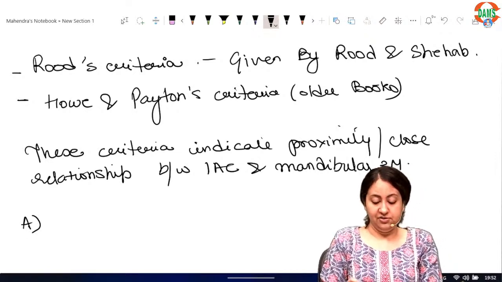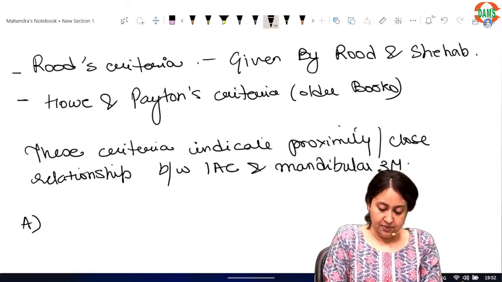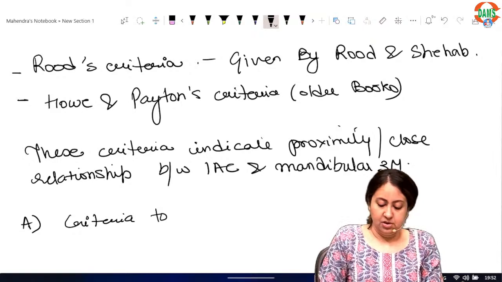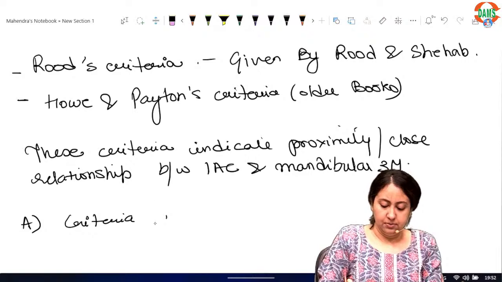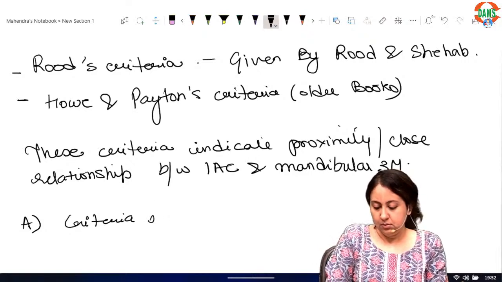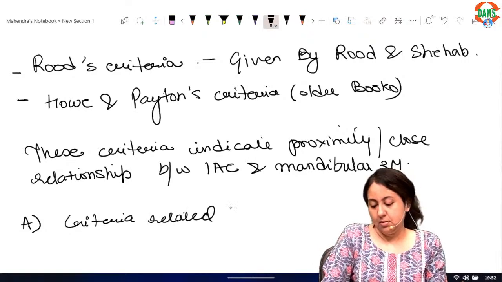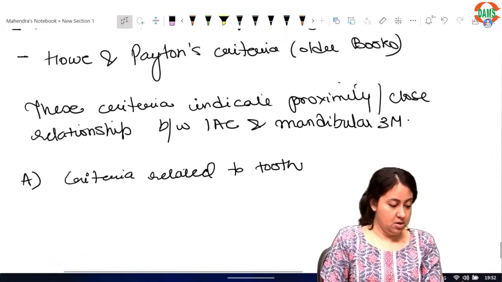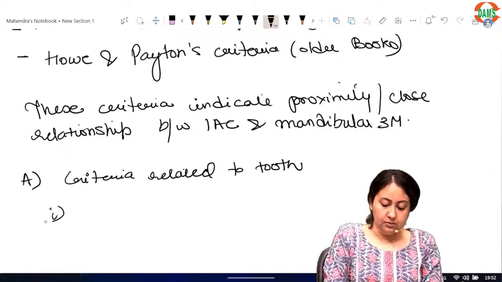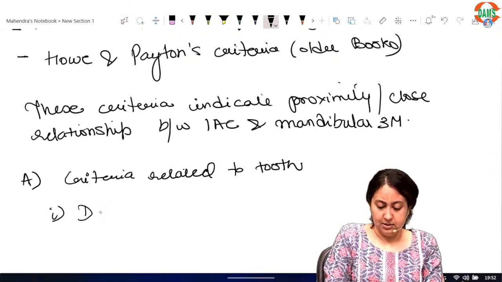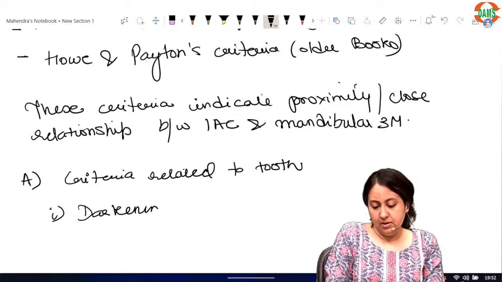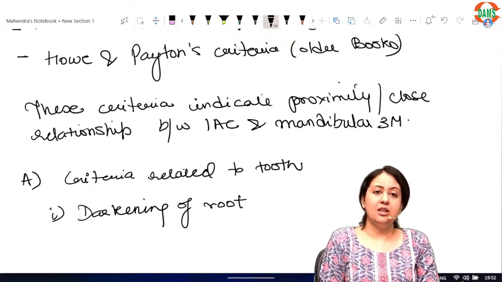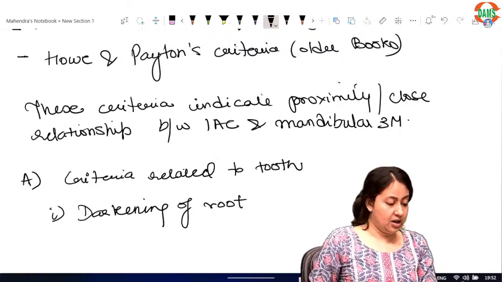First of all, the first thing that we will see is criteria related to tooth. The first thing that we have under this is darkening of root.